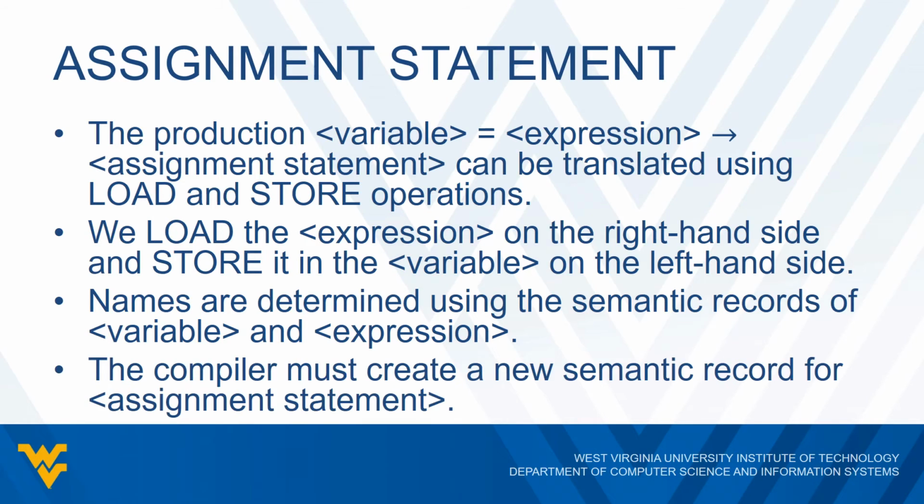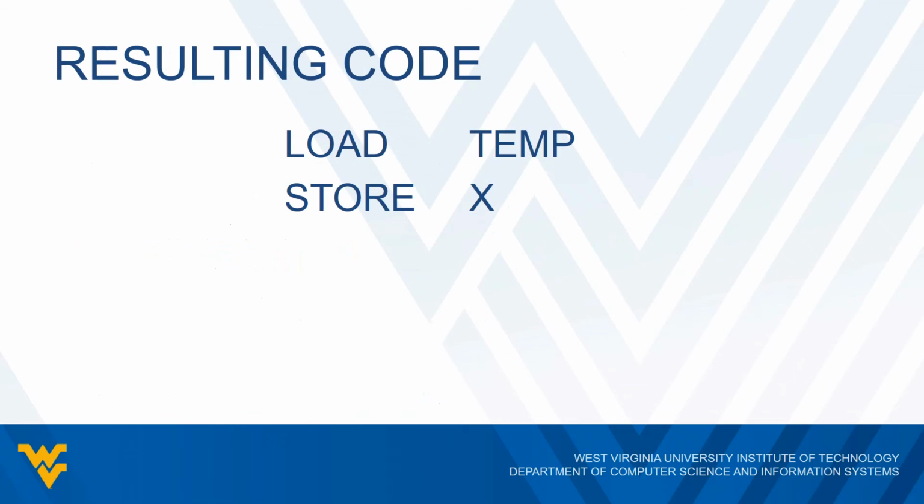Once again, the compiler must build the semantic record associated with the newly created non-terminal assignment statement. Here the name x and the data type integer of the variable on the left-hand side of the assignment operator are copied into the semantic record, because the value that's stored in that variable is considered the value of the entire assignment statement.